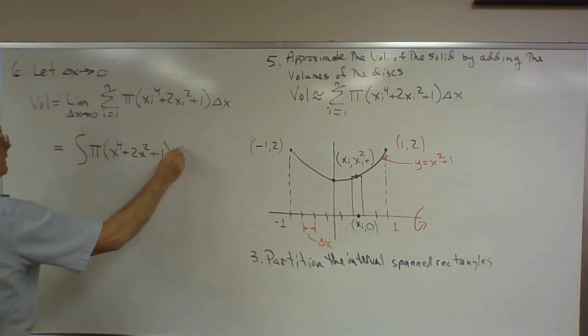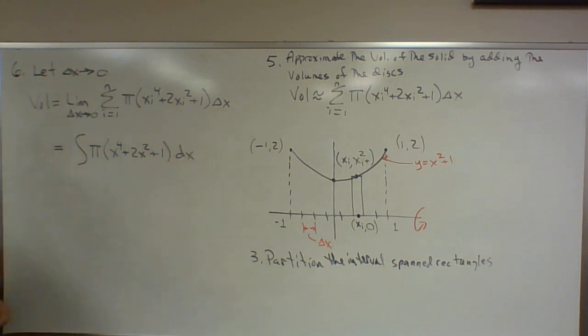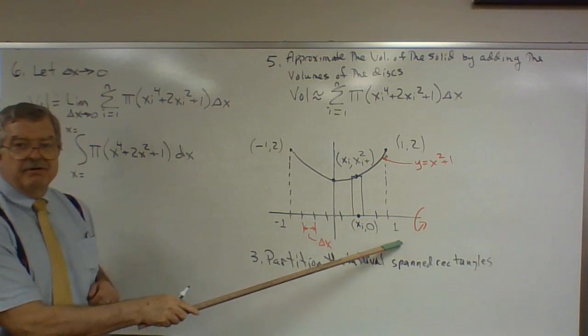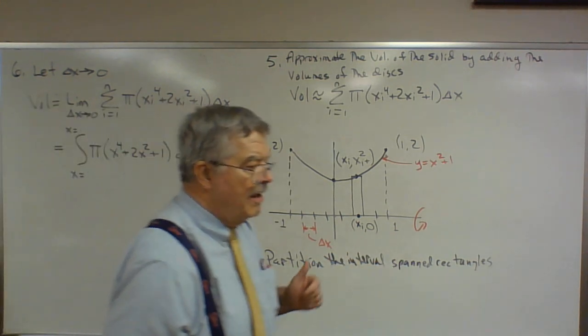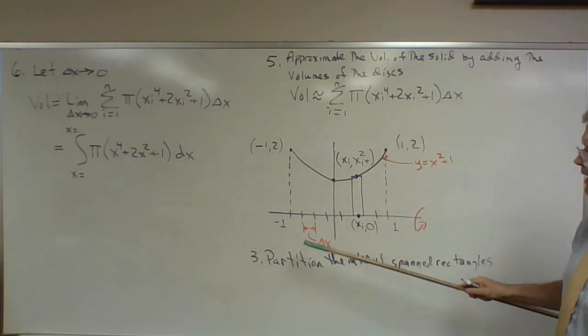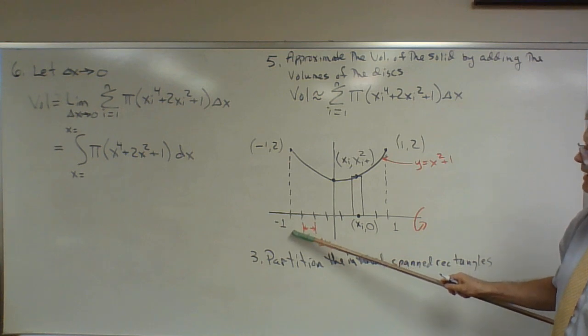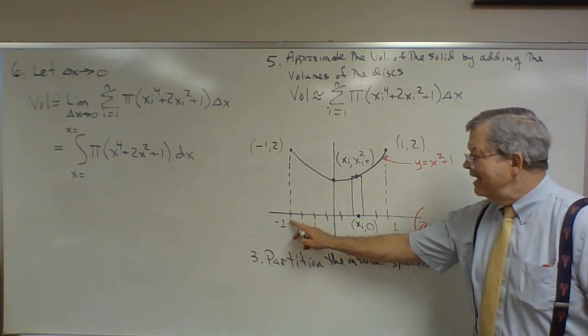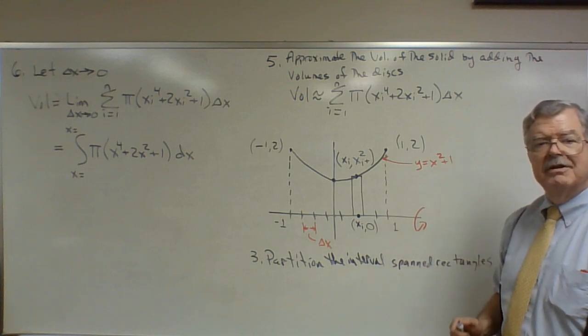Delta x magically turns into dx. And the limits of our integral, this is very important, the limits of our integral are the endpoints of the interval that we partitioned into subintervals. That's why I didn't erase this picture earlier. We're going to need to refer back to this when we let delta x go to 0. The limits of the integral are always, always, always the endpoints of the interval that we partitioned into subintervals.